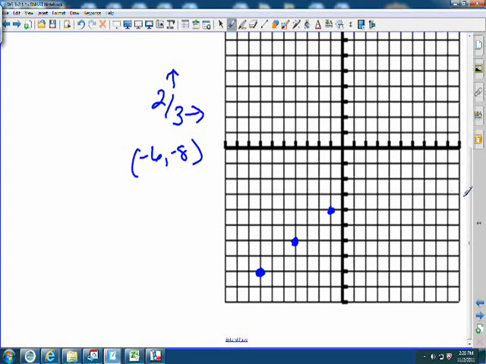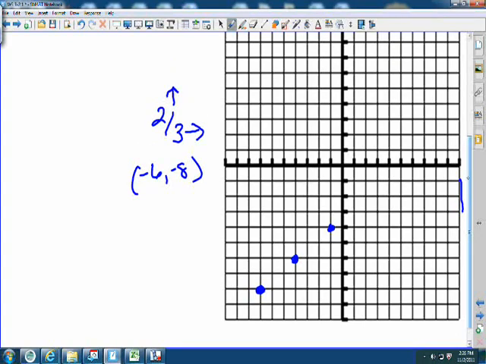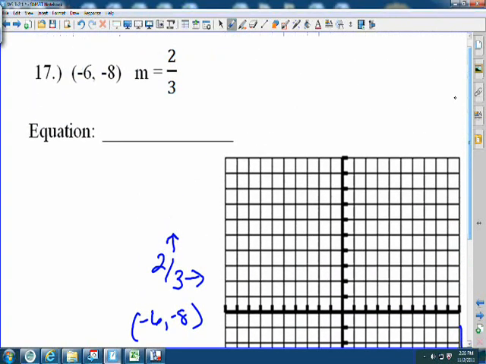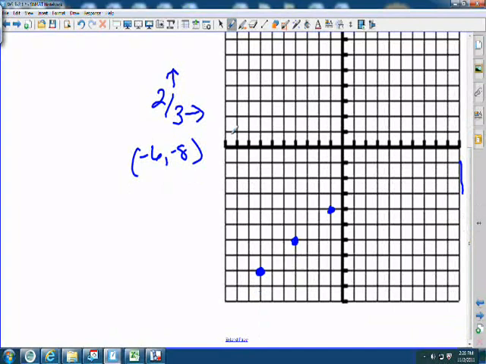Ooh, that one doesn't work. Let's see. Did I mess up? Oh, I went over to 7, I think. Let's try this again. 1, 2, 3, 4, 5, 6. 1, 2, 3, 4, 5, 6, 7, 8. That's the only bad thing: if you graph incorrectly, it puts you off and you won't get the right answer.